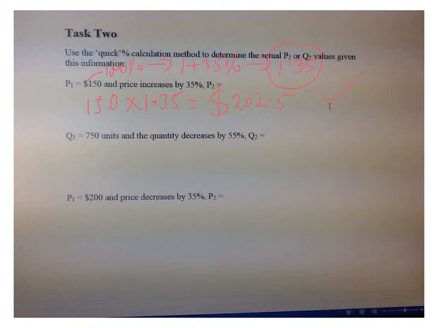So 750 units as a percentage of itself, what is it? Well, that's 100%, isn't it? Or another way of writing that is 1. And what are we doing to it? We're decreasing it by 55%. So we can rewrite that as 1 minus 0.55, and what we'll come up with is a factor of 0.45.